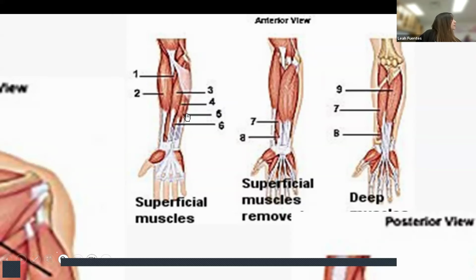Number 5. This one would be pretty medial, number 5. Flexor carpi ulnaris. And then 6 is going to be, again, not as medial, but not on the lateral.